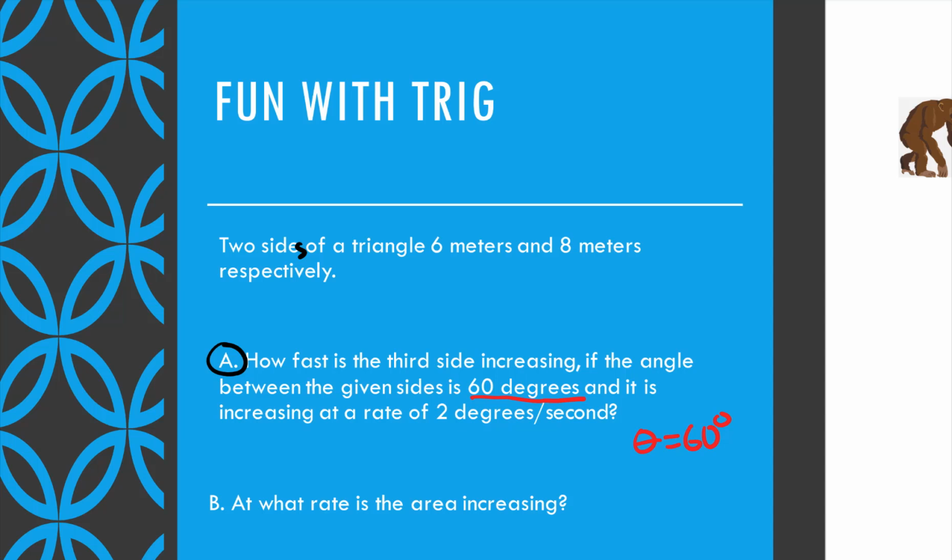So let's convert this right away. This one actually doesn't make any difference because we're just going to plug it in later, but getting in the habit is a good thing. We can see that we're going to have a rate of change in the angle. Anytime you see seconds or minutes or hours, like miles per hour, we know what's up. So d theta dt is equal to 2 degrees per second.